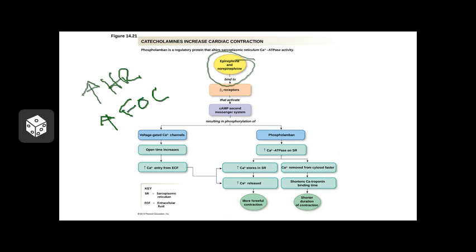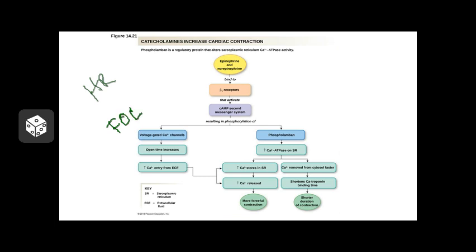These concepts are going to show up in our cardiac physiology lab, and you'll be able to actually see these heart rate changes, which we call chronotropic changes, and force of contraction changes, which we call inotropic changes. We're going to see that in lab, so we'll study this more later.